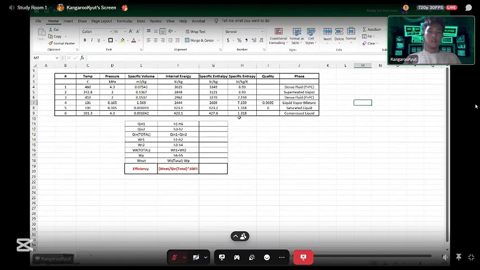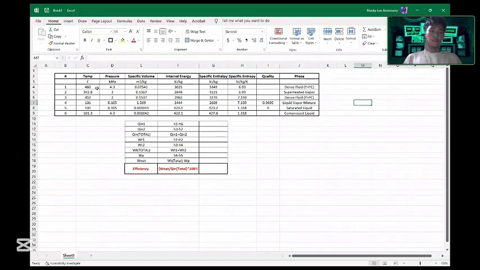Okay. Getting back after we paste values from CAT3 to Microsoft Excel, we're now going to solve the efficiency of the Rankine cycle based on the values given. So first thing first, since we know that the formula of efficiency is work net over Q in, we are required first to find the Q in total and the work net.